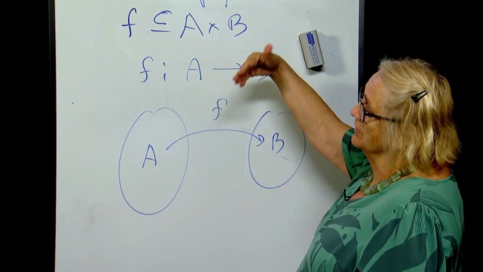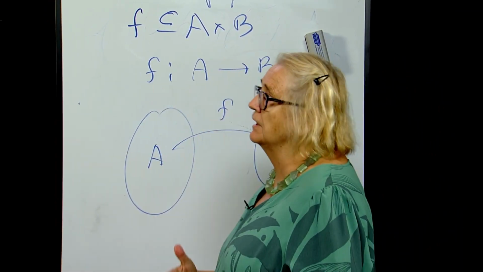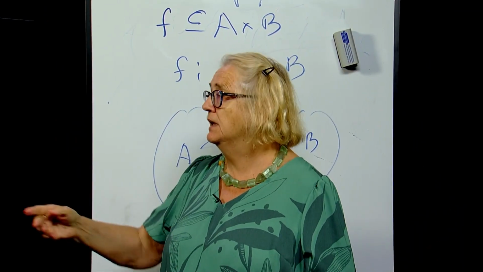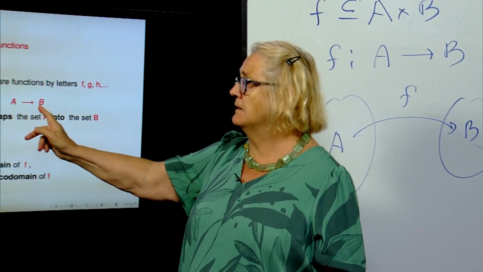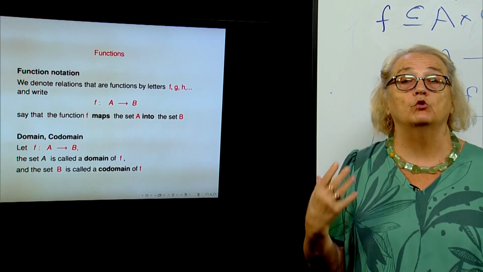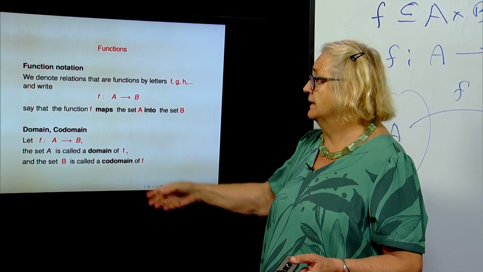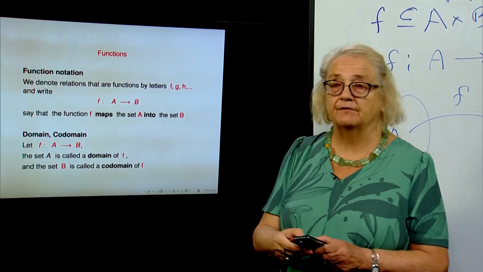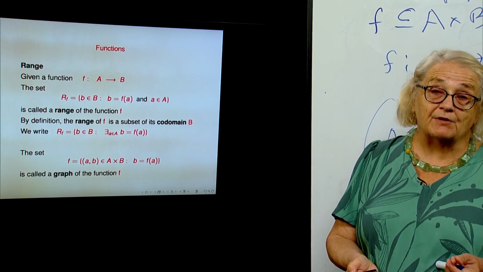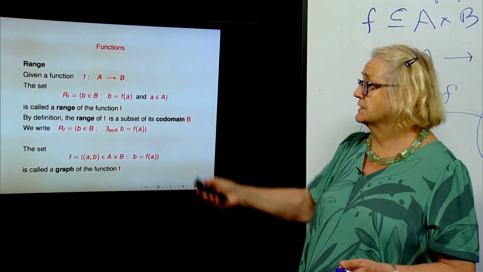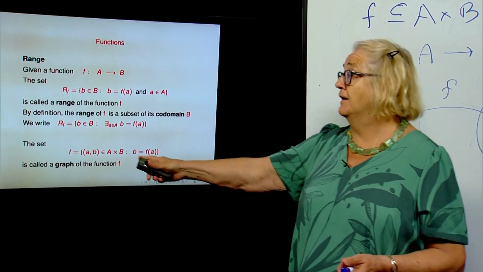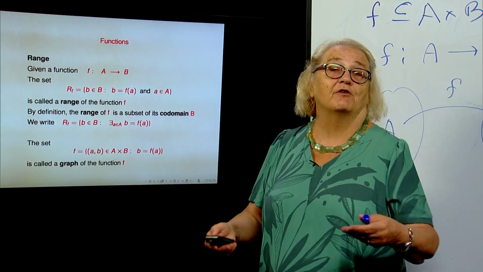And in that definition, if you write f maps A to B, A is always the full domain of the function. And then you have the range, which is the set of values, and so on. And then the set of pairs is just the graph of the function.